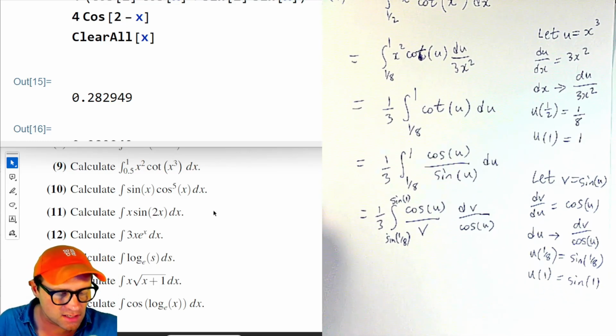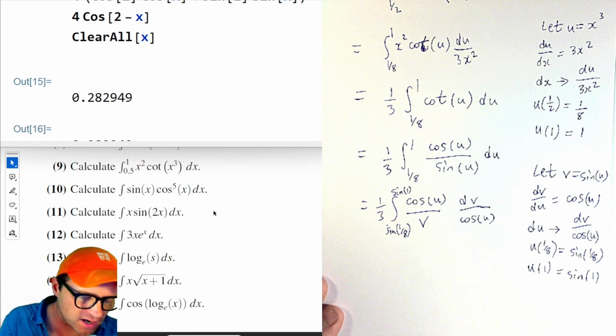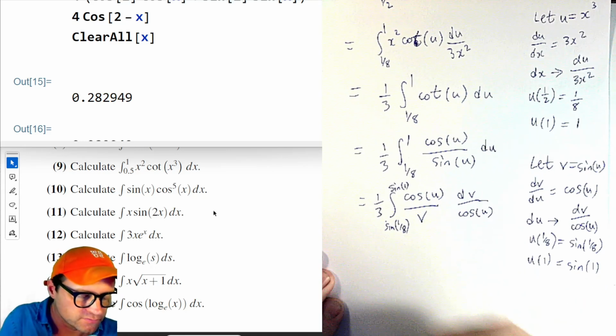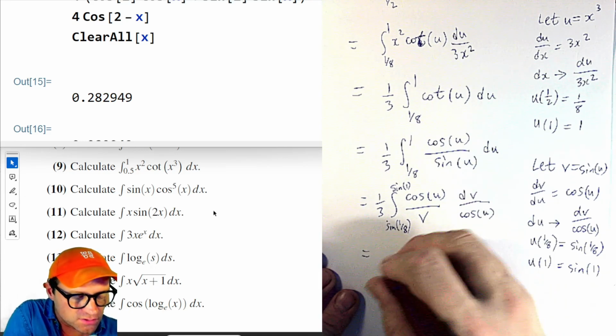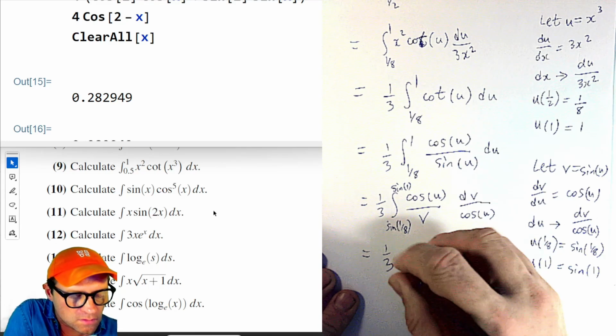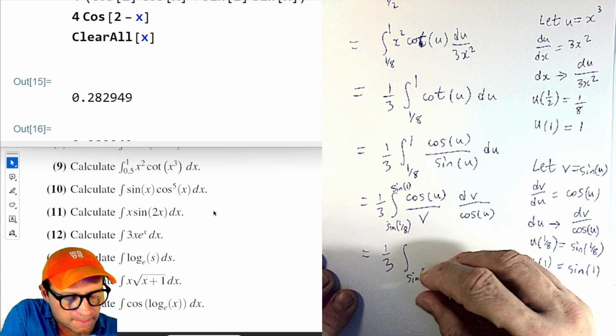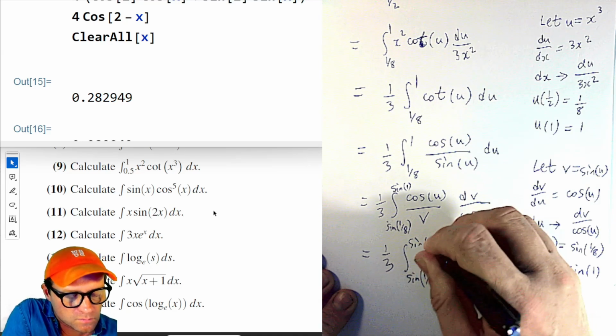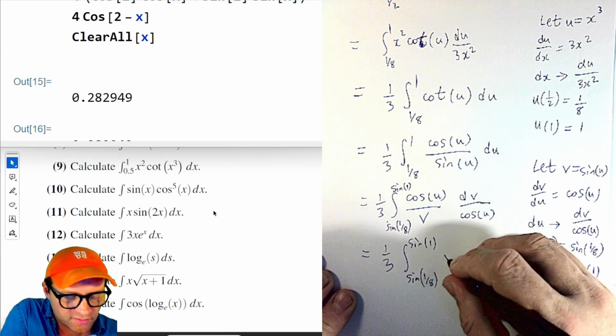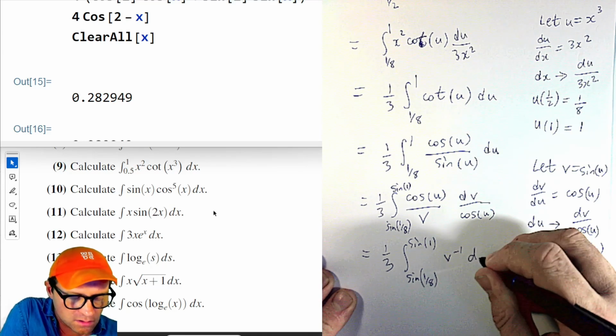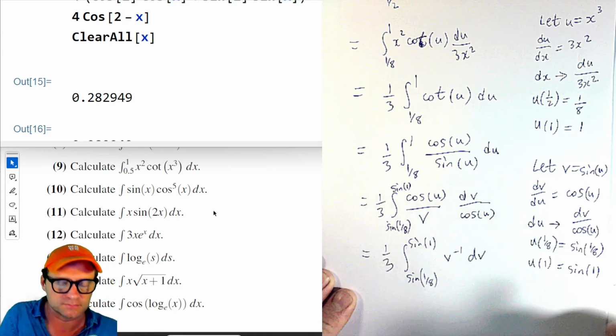Okay, great. Now, let's simplify this integral and calculate it. So we can cancel the cos u's. And when we do, we've got v to the minus 1 integrated with respect to v.